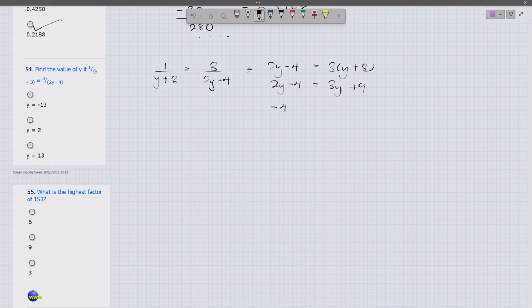Minus 4 minus 9 equals 3y minus 2y. Minus 4 minus 9 is going to give you minus 13. Minus 13 equals y. So therefore y equals minus 13.